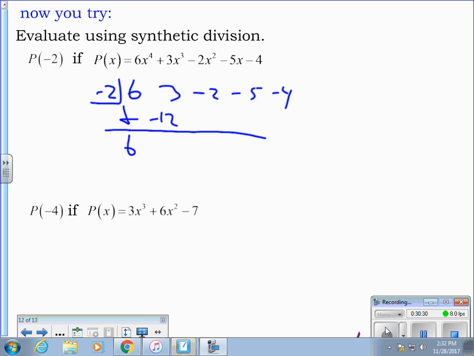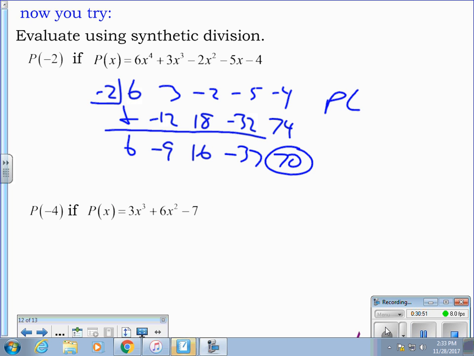Multiply -12, add -9, multiply 18, add, get 16, multiply -32, add, I get -37, multiply, I get 74, add, I get 70. So that means P of -2 is 70.